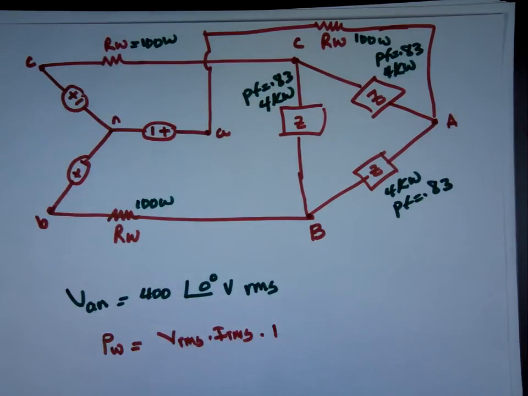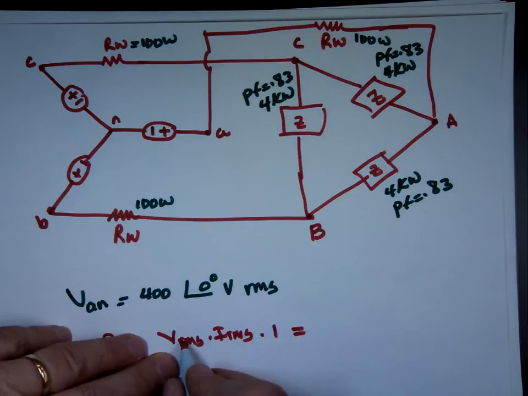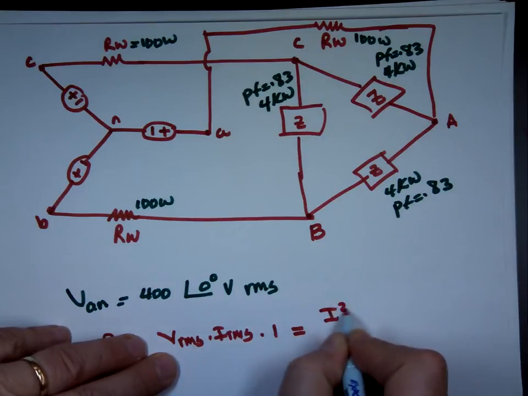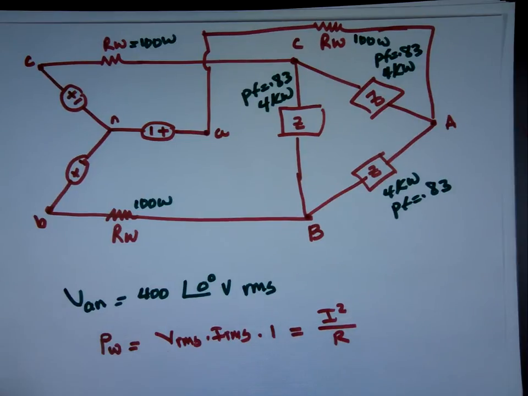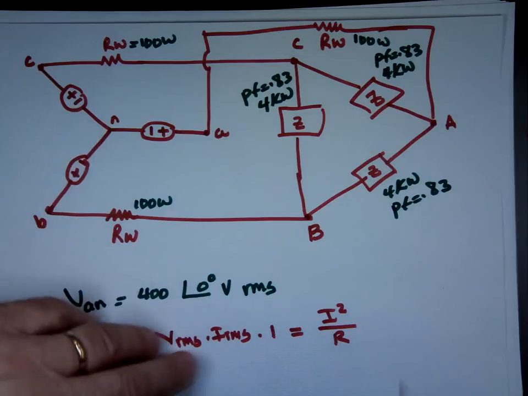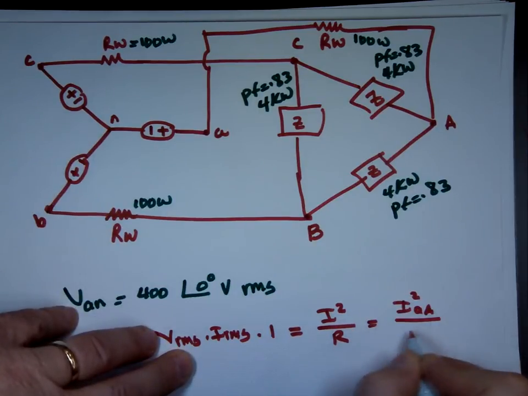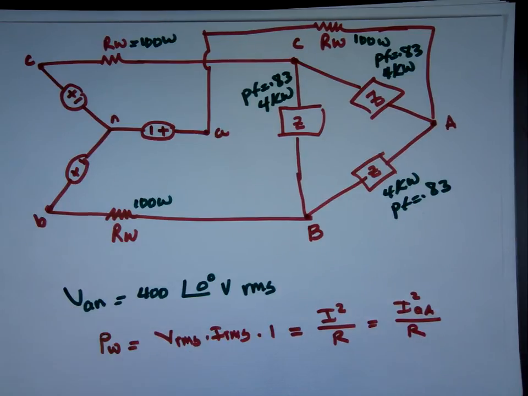If I use Ohm's law, I can write that V equals I times R, right? So the power is I squared times R. So if I know the current going from A to A, the current from A to A squared times R, then I can find the average power, or the power across that resistor.